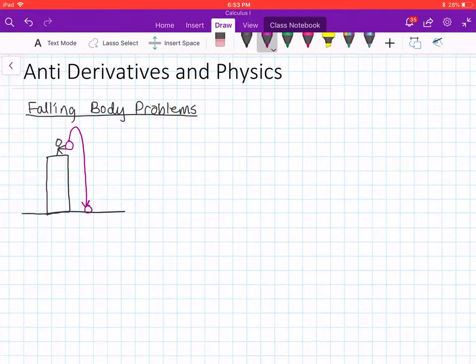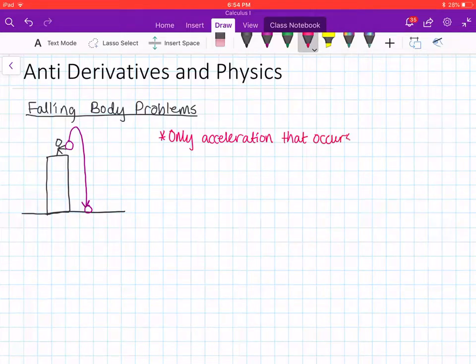Okay, so basically the only acceleration that occurs is due to gravity. Now if you remember, we discussed what the acceleration was due to gravity.